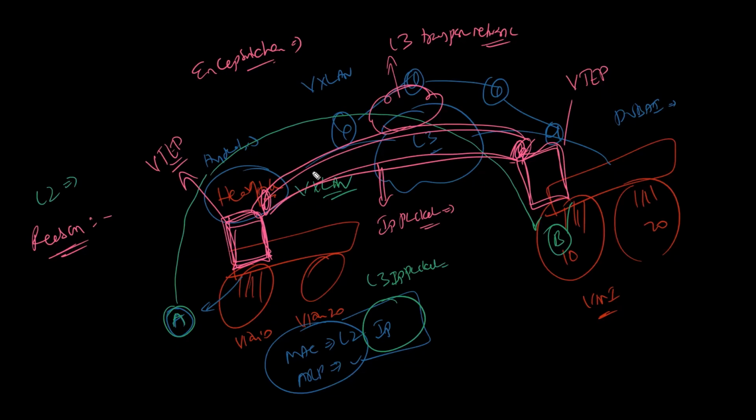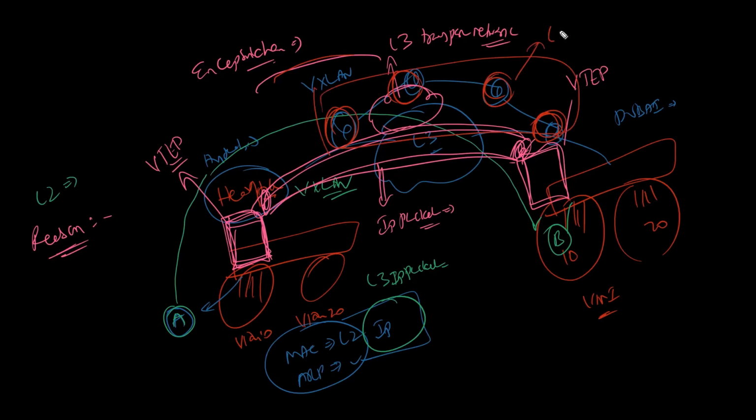One more thing you need to know is that you don't need all the devices to be enabled with VXLAN. The intermediate devices in the transport network might not be enabled with VXLAN; there might be traditional layer 3 routers connected.